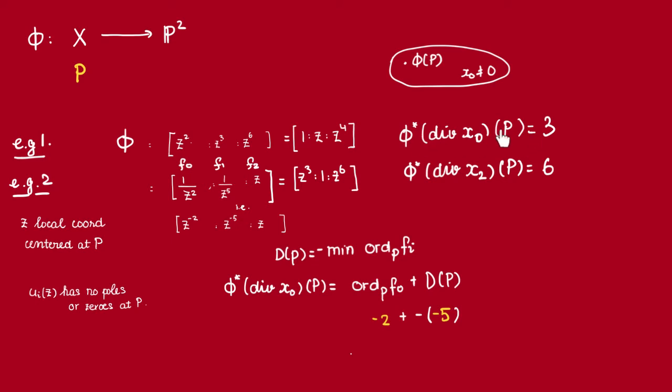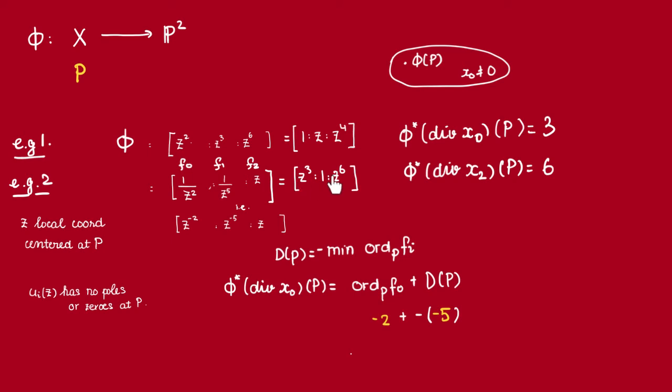Then we see that this value at p is just going to be the order of vanishing at p of f0 plus dp. Right? The order of vanishing at p of f0 is minus 2, plus dp, which is plus 5. Now that gives us this 3. Because the point is that this here is going to correspond to this power of z after we have chosen a good representative.